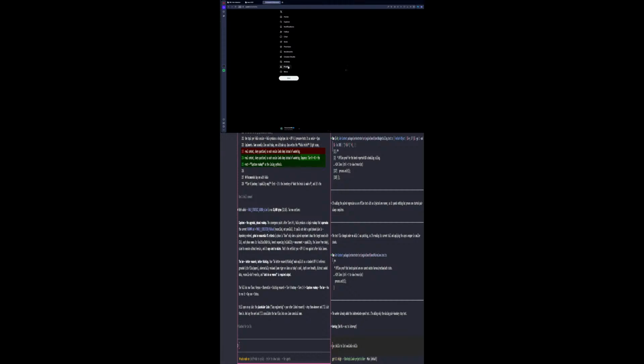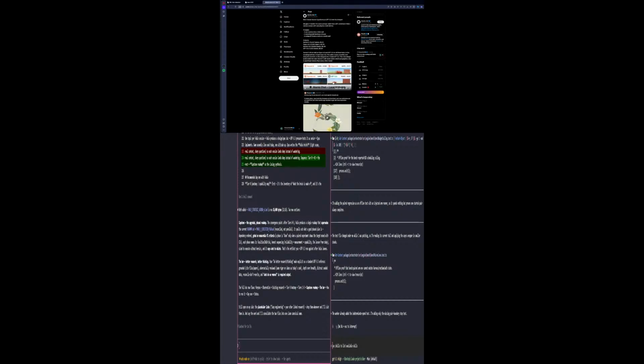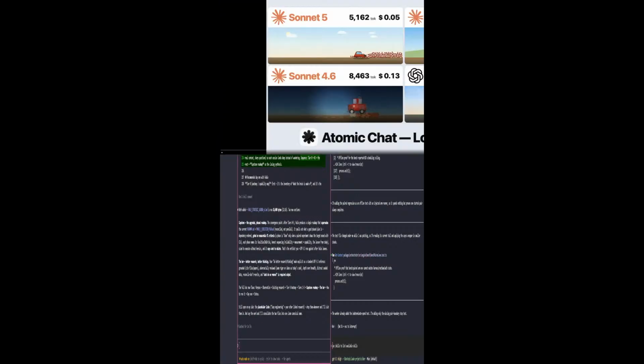Sonnet 5 being more expensive than Opus, but then here you can actually see it being cheaper than Opus about 3 to 4 times, just because it uses less tokens. It uses 50% less tokens, but yeah. I don't know what's going on here, but this is very weird.